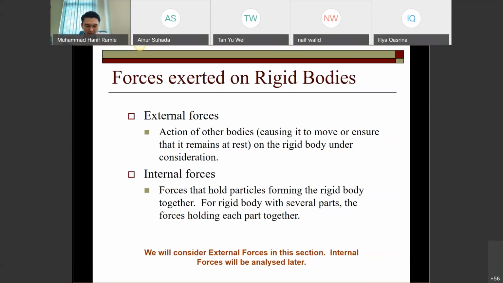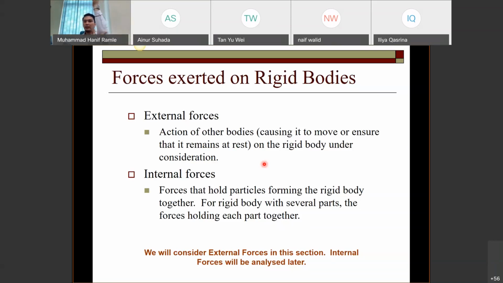For the internal forces, these are forces that hold the particles forming the rigid body together. In the same example, the internal forces here are ligament, tendon, muscle, bone. Particles mean the whole body, so the internal forces inside the hand are forming the rigid body. For a rigid body with several parts, there are forces holding each part together.